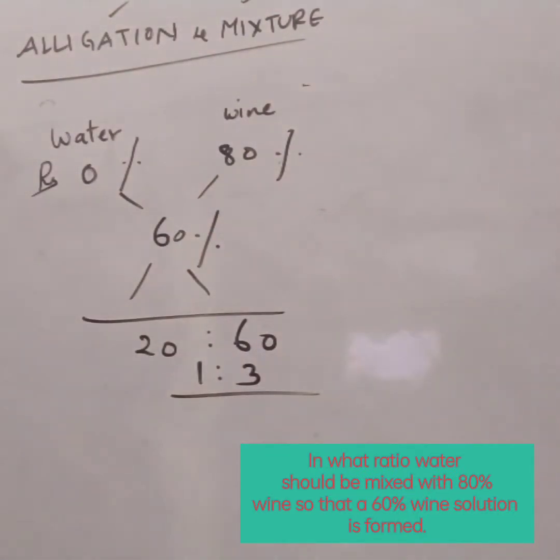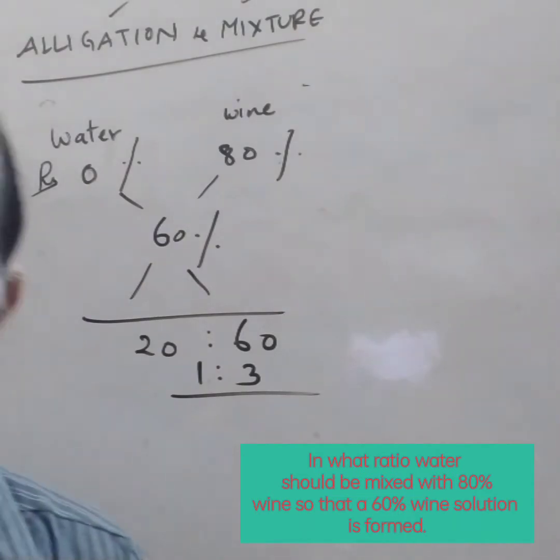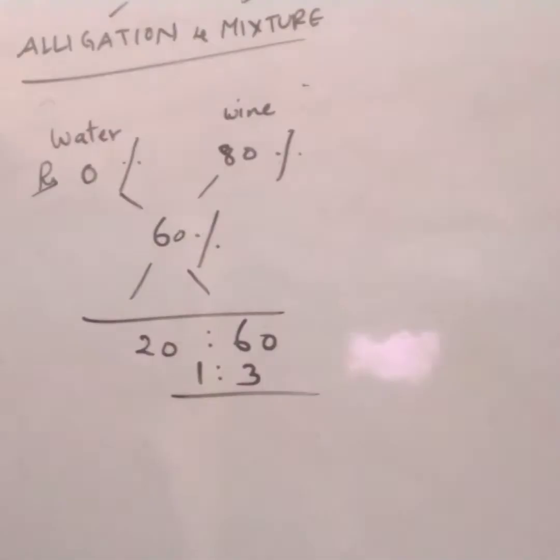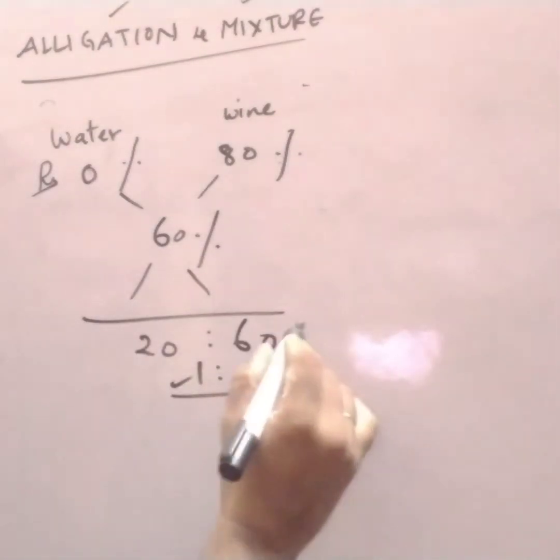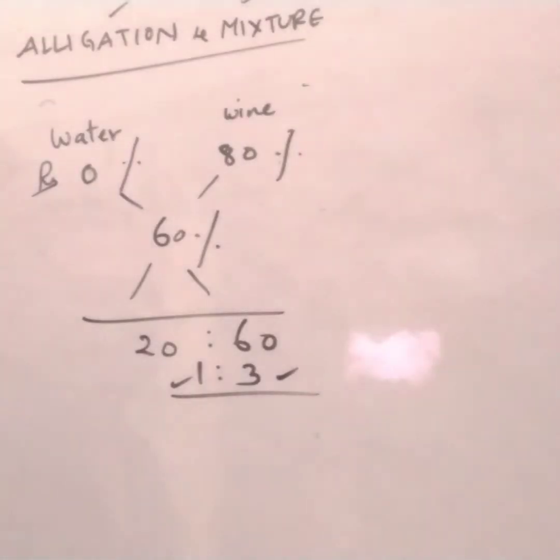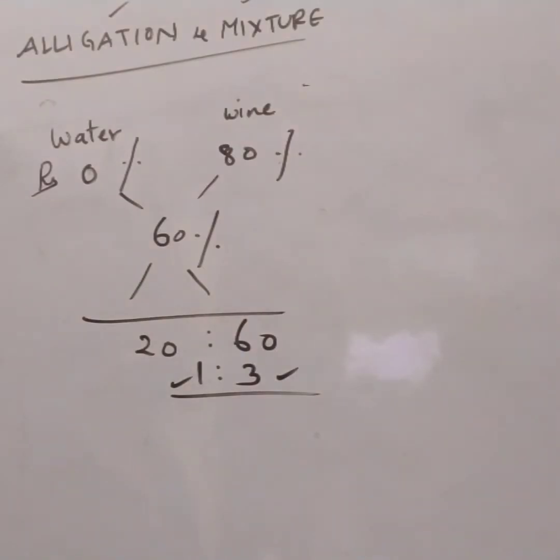If I take 1 liter of water, I should take 3 liters of wine, so that the common person who takes it doesn't clearly differentiate, because we are taking water in a smaller quantity: wine in 3 liters, water 1 liter. Hope it's clear.